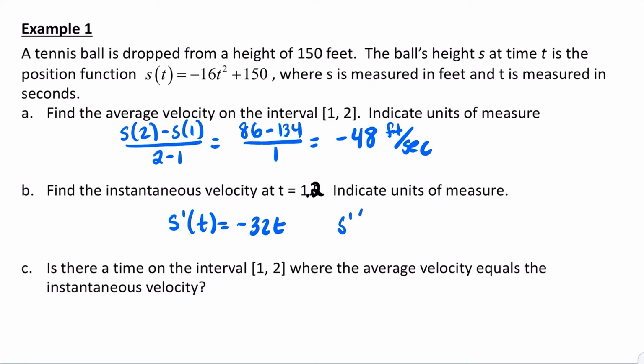I have to find s prime of 1.2. I plug in 1.2, and I get negative 38.4 feet per second. Unit of distance, feet, over a unit of time.